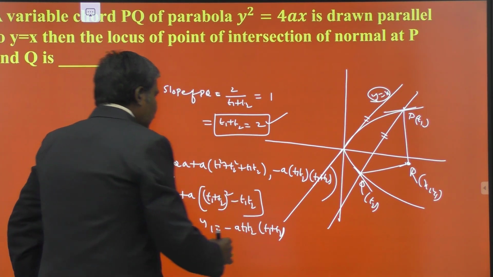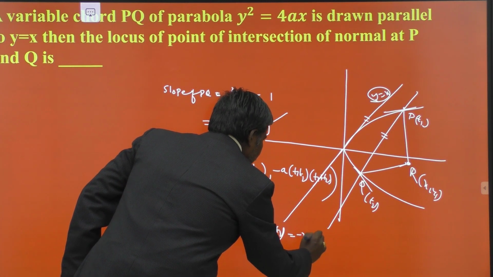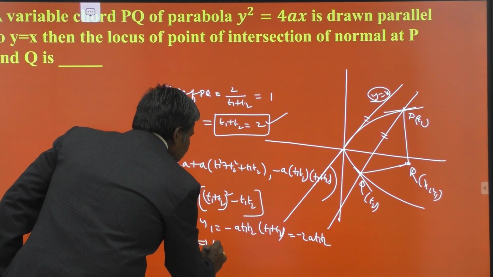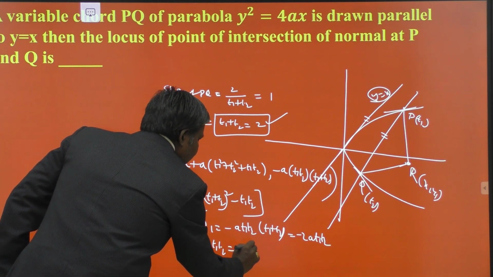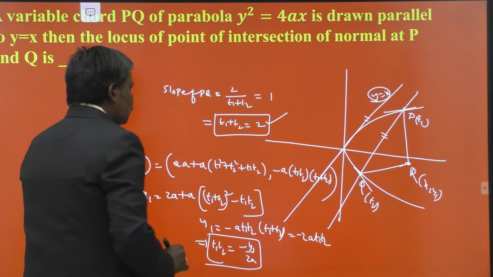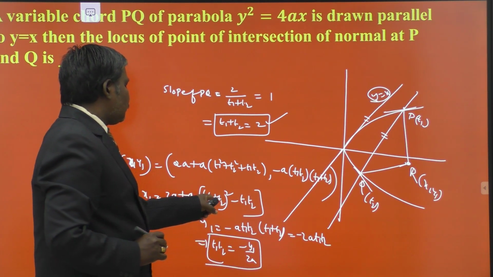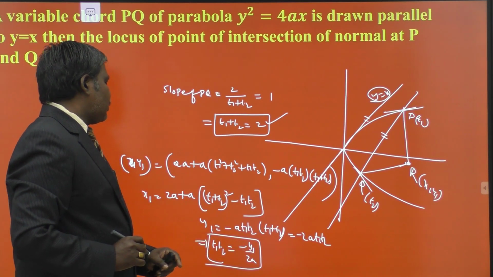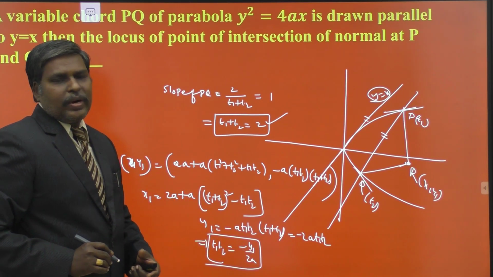You have to write 2 here, that is minus 2a times t1 t2. Therefore t1 t2 is equal to minus y1 by 2a. Substitute t1 plus t2 equal to 2 and t1 t2 equal to minus y1 by 2a. Here itself we get the required locus.